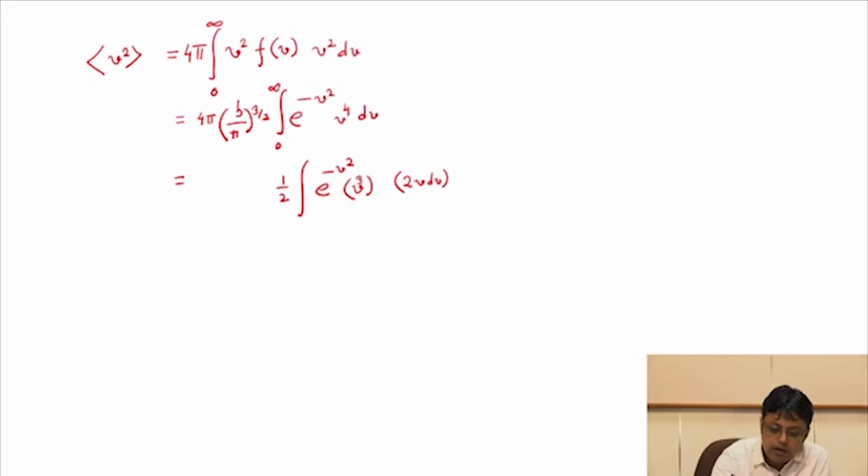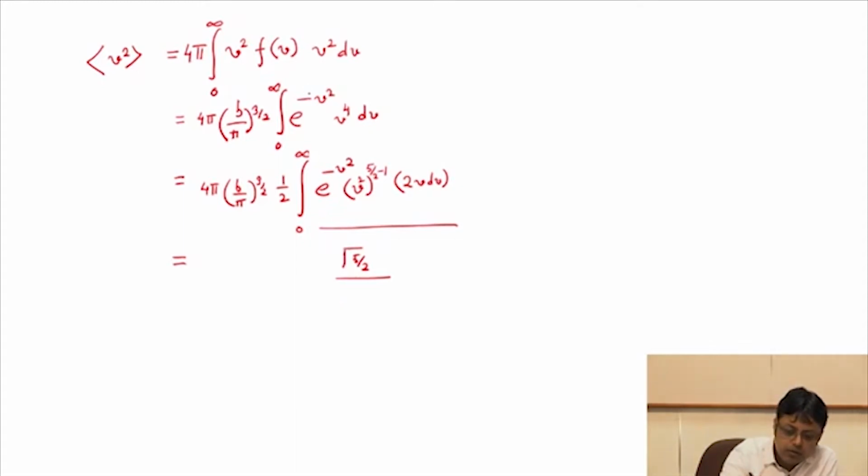If I write it as v squared, it is basically v squared to the power 3 by 2, and the 3 by 2 I can write as 5 by 2 minus 1. So that is the entire thing, 0 to infinity, and there are some constants, which is 4 pi into b by pi to the power 3 by 2. This integral will be nothing but gamma 5 by 2 divided by a to the power 5 by 2.